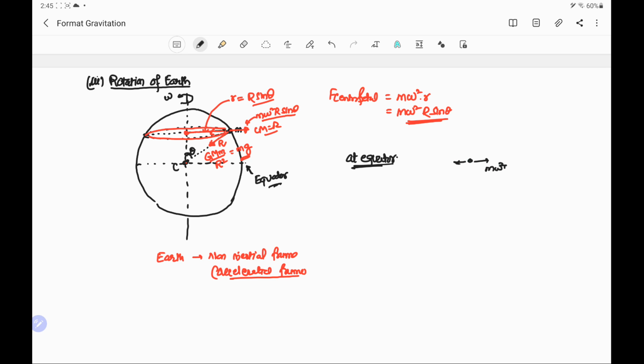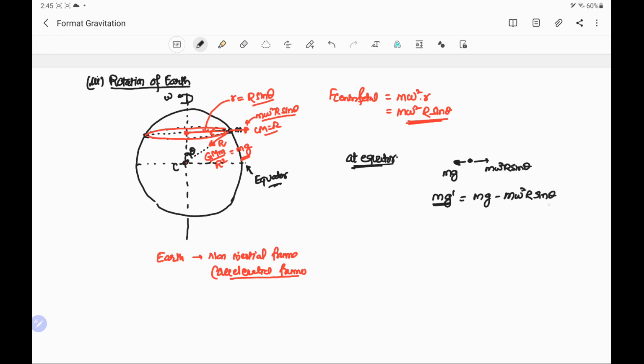M omega square R sine theta is acting outward, while the gravitational force mg is acting towards the center of the Earth. So the net force will be mg dash. This is the net weight or net gravitational force of attraction. It will be equal to mg minus m omega square R sine theta.